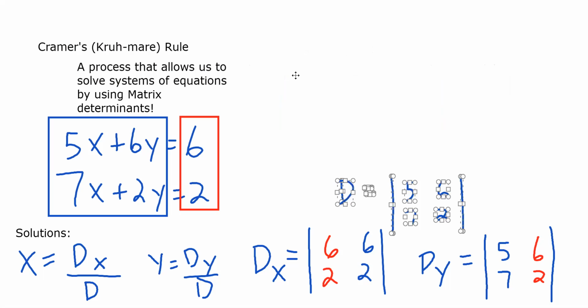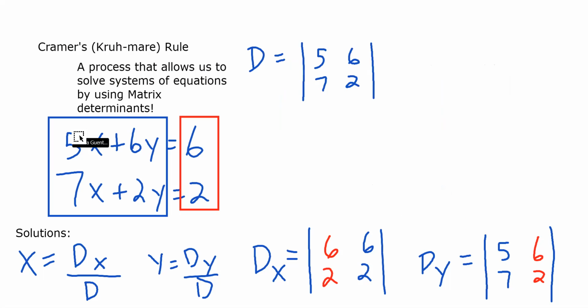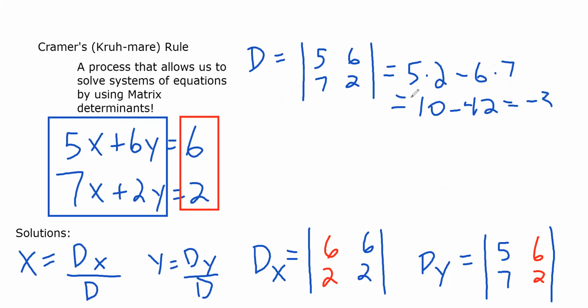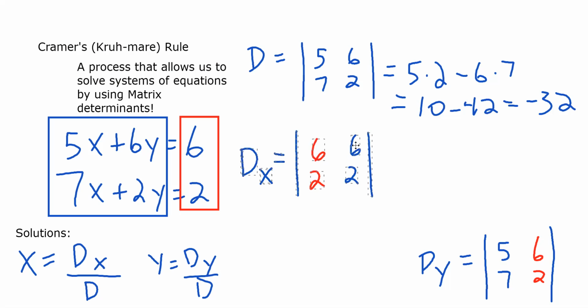So we'll start with this one. We needed to take the determinant of the coefficient matrix. It's going to be 5 times 2 minus 6 times 7. 10 minus 42 will give you negative 32. So for a 2x2 system, this isn't too horribly difficult.